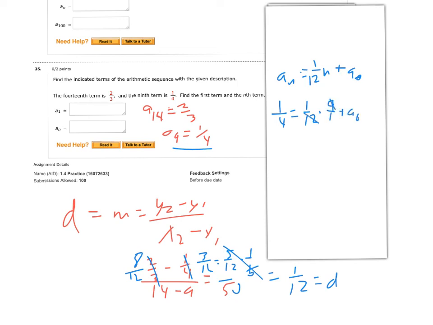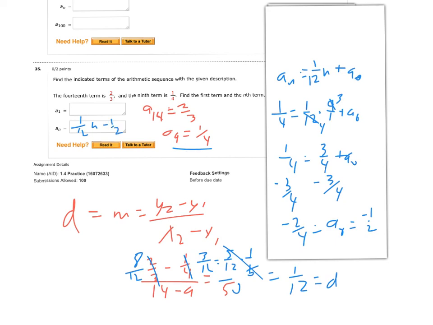This is going to reduce to 3 over 4. So 1 over 4 equals 3 over 4 plus a sub 0, minus 3 over 4. So negative 2 over 4 equals a sub 0. And so that's going to equal negative 1/2. So then my formula is going to be 1 over 12 n minus 1/2. And then I can go ahead and just plug in 1 to find the first term.